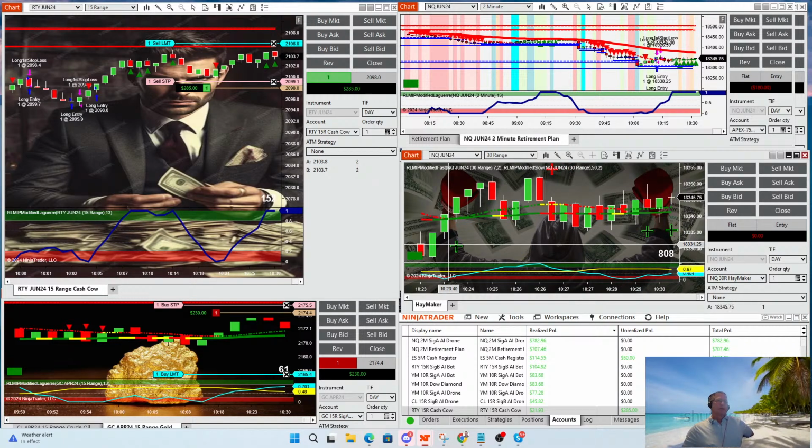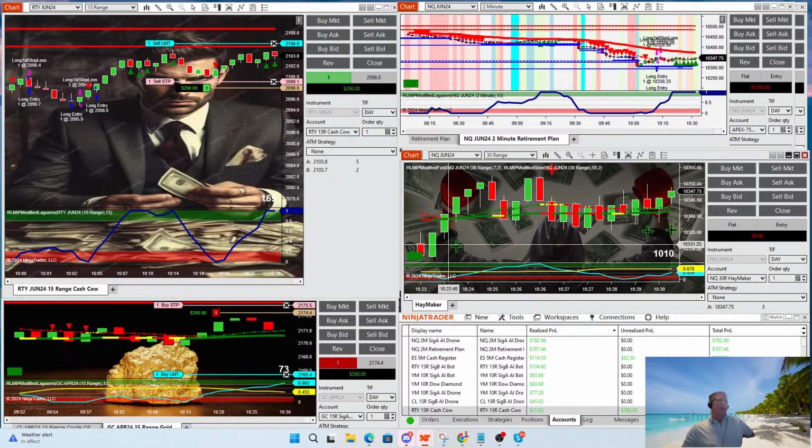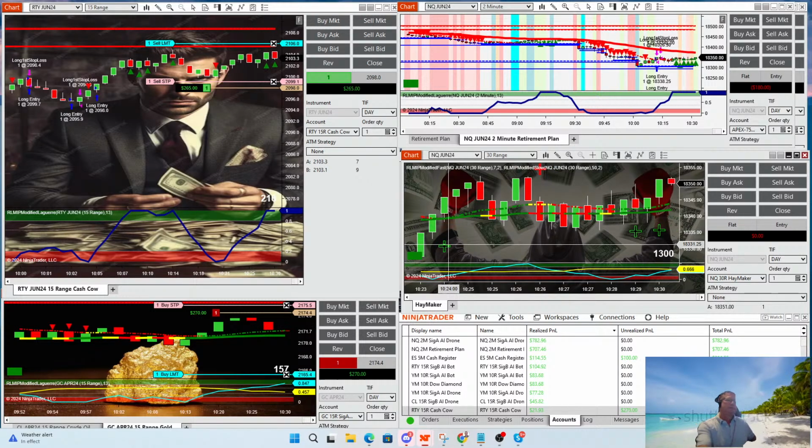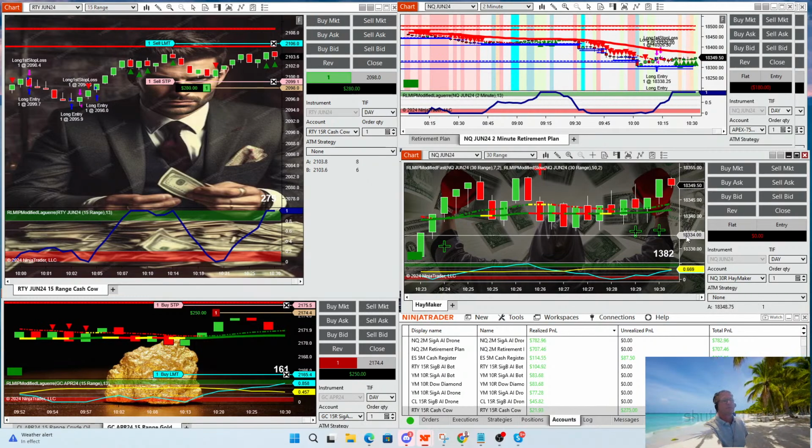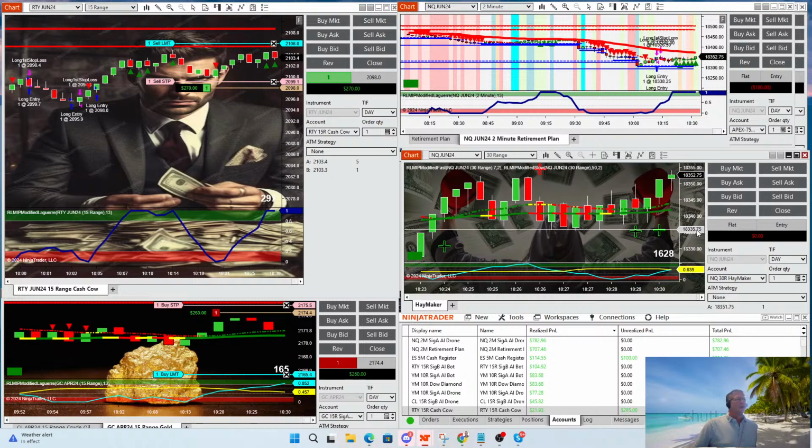So the market's in consolidation here. It's building up a lot of volatility. And when this happens, it normally is going to be a breakout one way or the other. It appears to go to the upside.